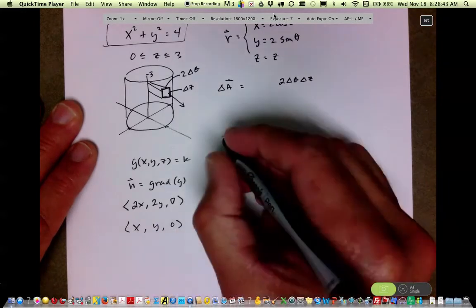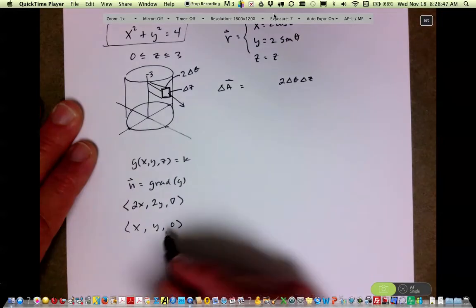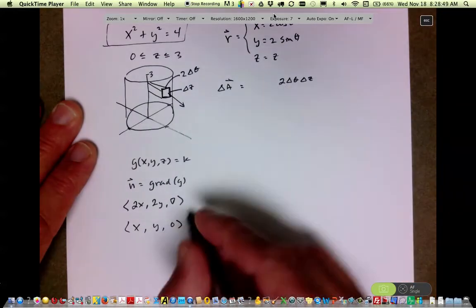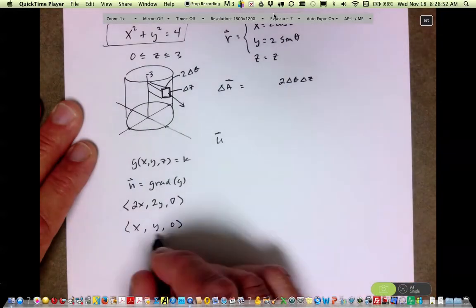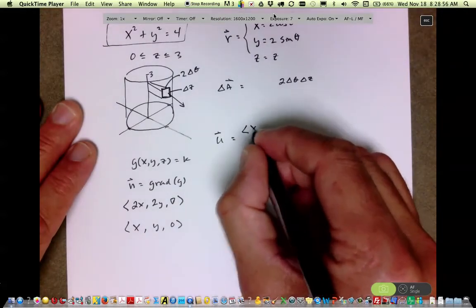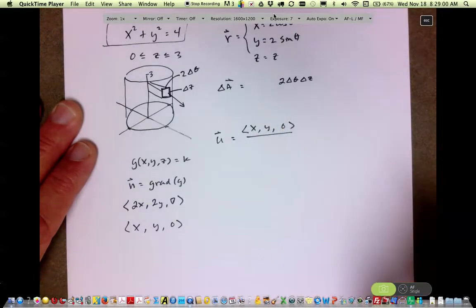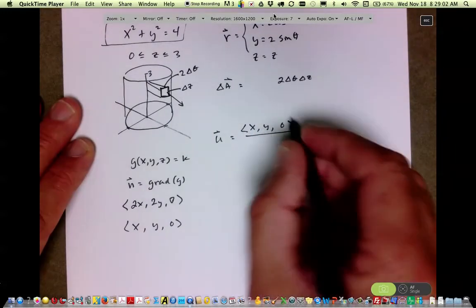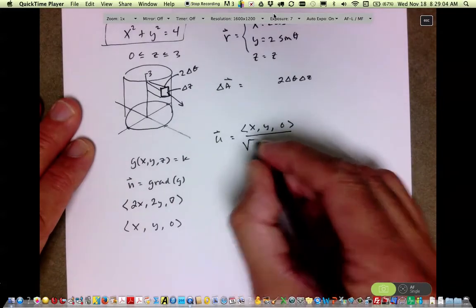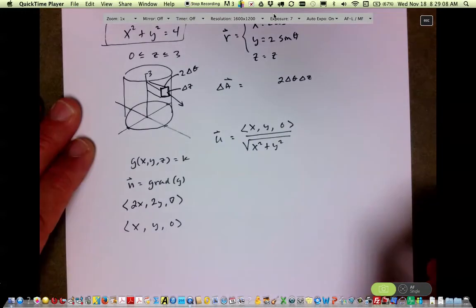Right, now, if you remember what we did to find a vector that points in this direction that has this magnitude, we said, let's make this a unit vector. All right, so to make this a unit vector, we're going to look at x and y and 0, and we're going to divide that by its magnitude. Well, the magnitude of this vector is going to be the square root of x squared plus y squared.